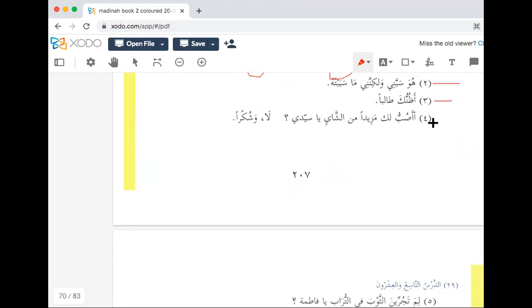Anyway, number 4, Numair. Are you okay to read? Asubbu laka mazeedan min ash-shay ya sayyidi, la wa shukran. Excellent. Translation? Okay. Translate what part you are sure of. Asubbu means to pour, P-O-U-R, pour.